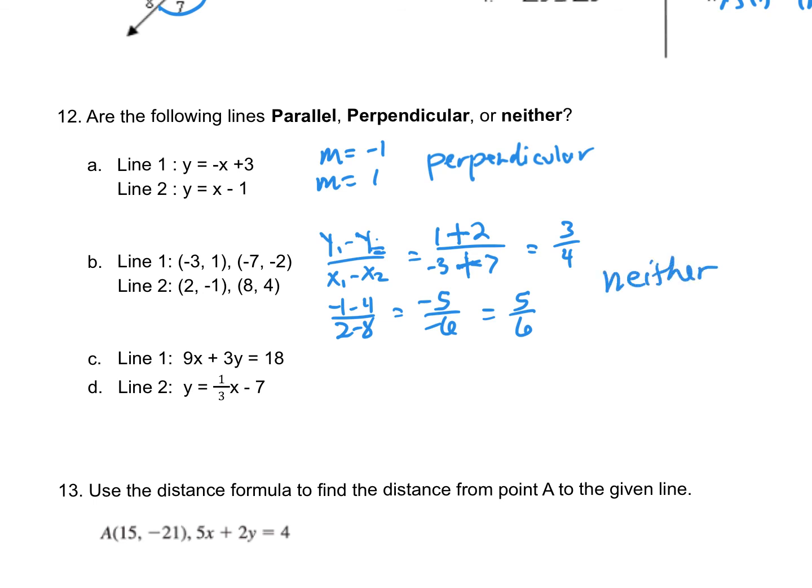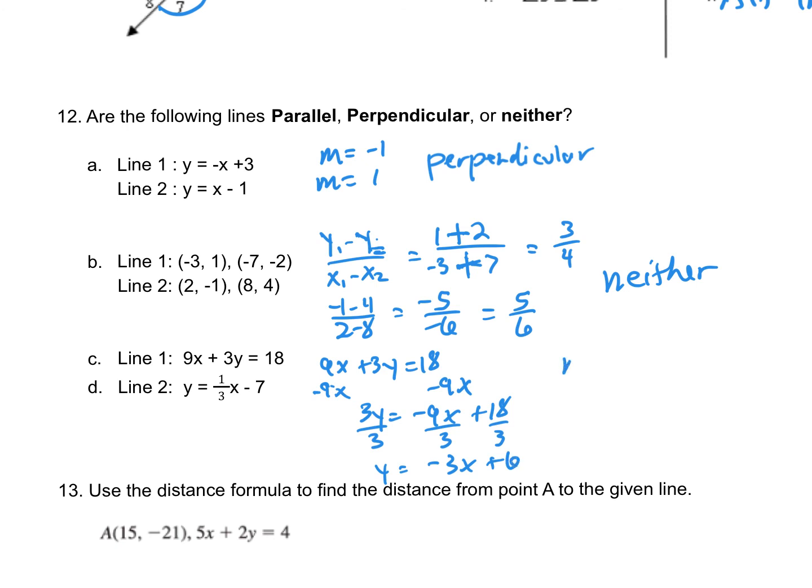On the bottom, I'm going to rewrite c to make it y equals mx plus b. So 9x plus 3y equals 18. Subtract 9x from both sides. So 3y equals negative 9x plus 18. Divide everything by 3. So y equals negative 3x plus 6.